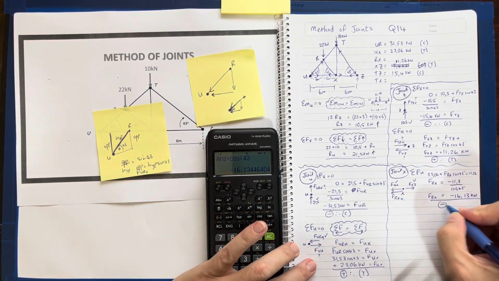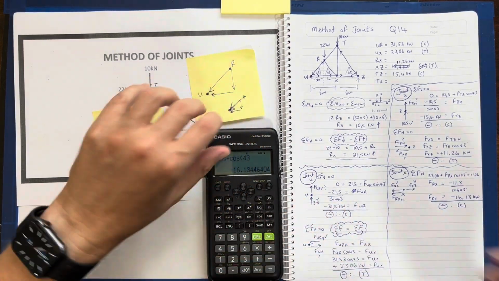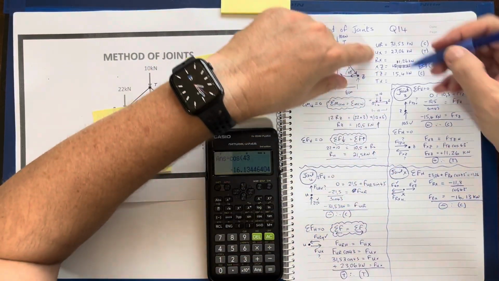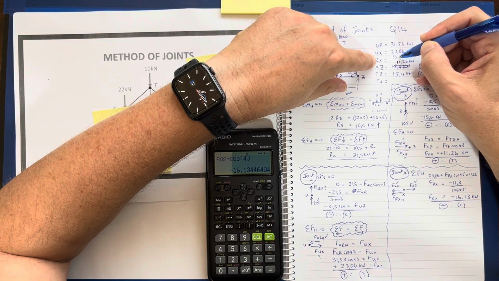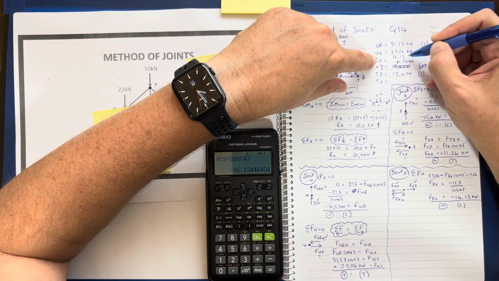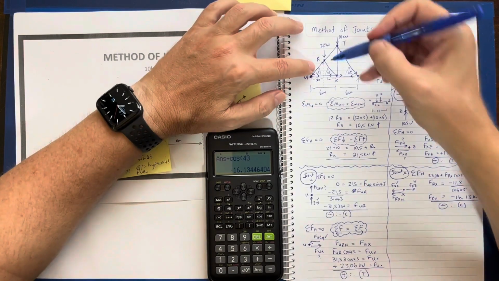Again, I state it is negative, therefore it's in compression. Rx, 16.13 kilonewtons compression. I now know what that is.